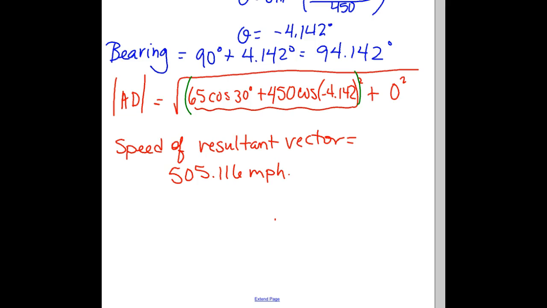Okay, so she has to head at a bearing of roughly 94 degrees, flying at 450 miles per hour. The wind is going to push her a little bit, so she's going to end up heading due east, bearing 90 degrees. And the plane is actually going to be going 505 miles per hour, because the wind is pushing it a little bit.